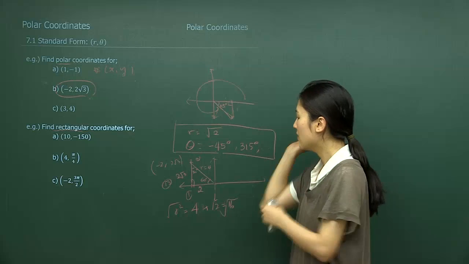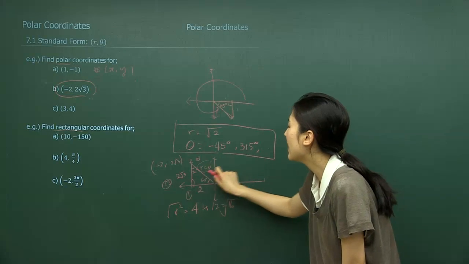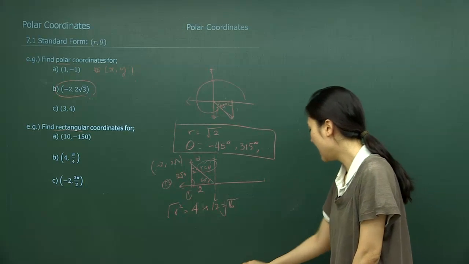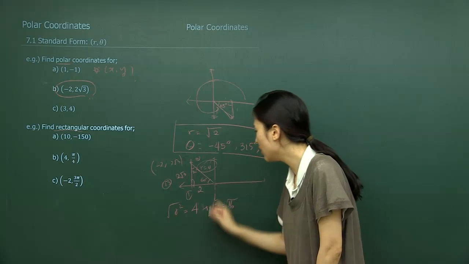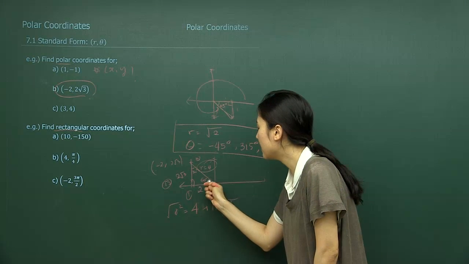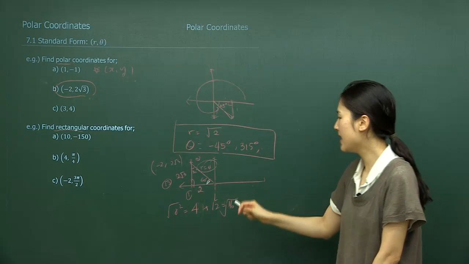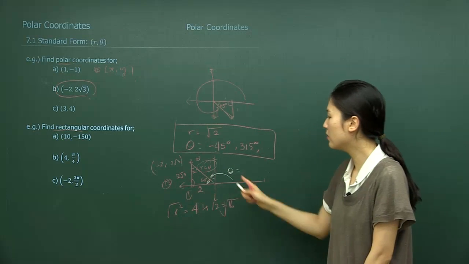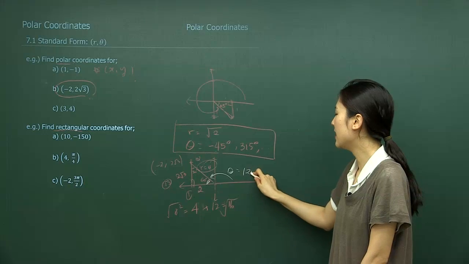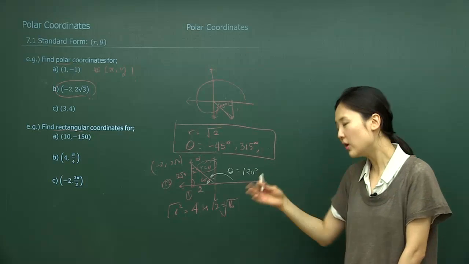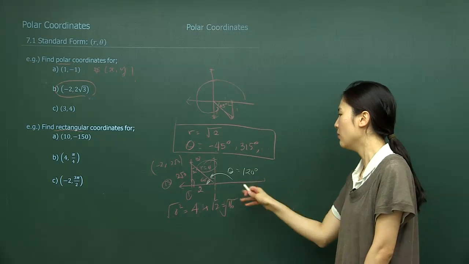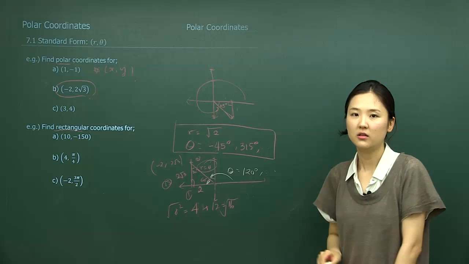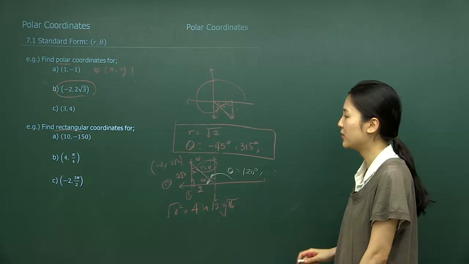Okay, anyways, so we have found out what the r is, and knowing the special ratio, we know that this angle equals 60. Hence, the angle measurement that we are looking for will be 120 degrees. And we can go the other way around and one more round.